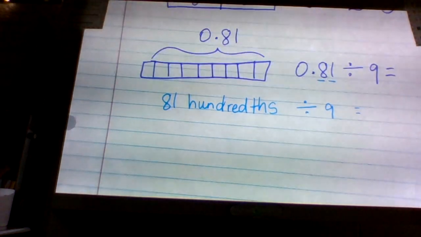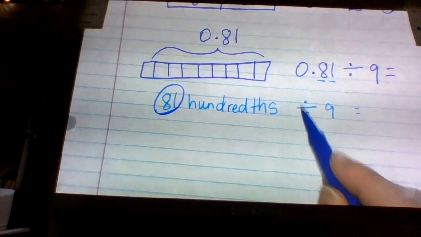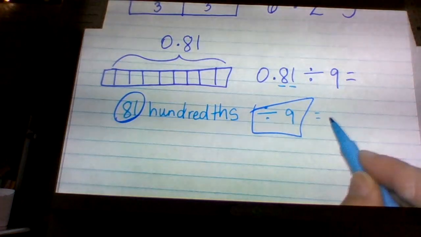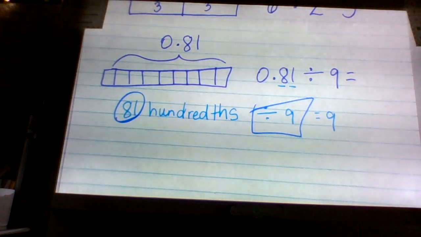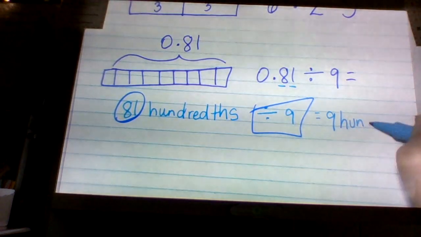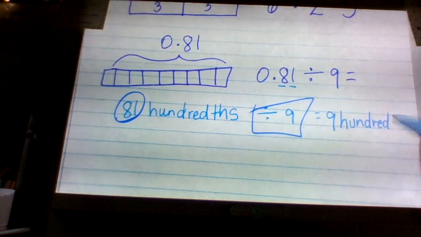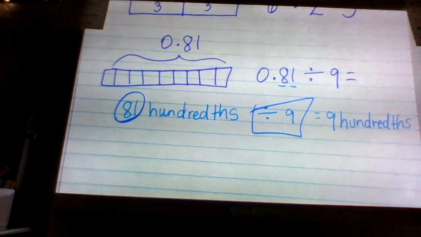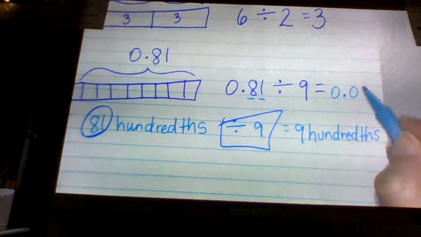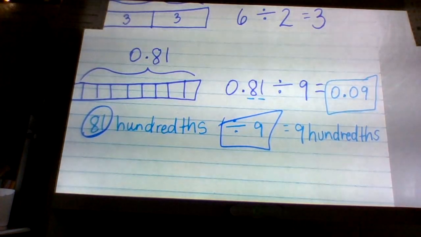This math fact is 81 divided by 9. 81 divided by 9 is 9. But the answer is not 9. The answer is 9 hundredths. And then 9 hundredths written as a decimal is 0.09.